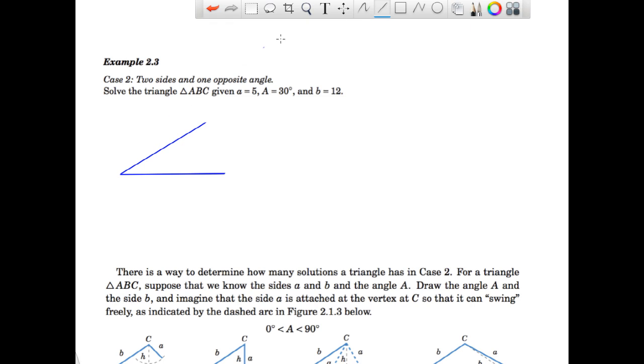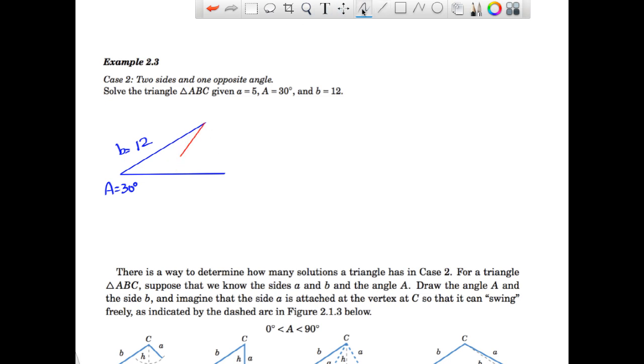So let's make this 12. That's 30. That's b. And a is 5, and that would be about half of this. And again, I'm going to do this in a different color. And see, that would be about half, right?